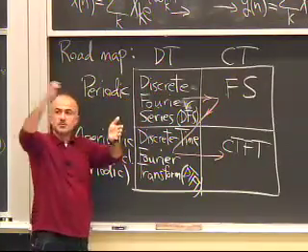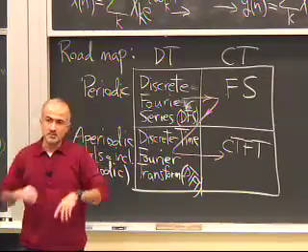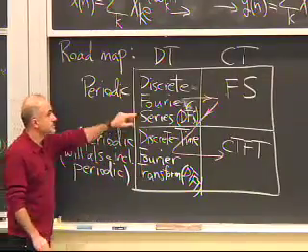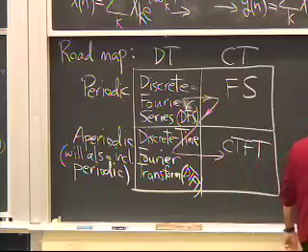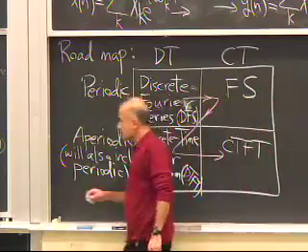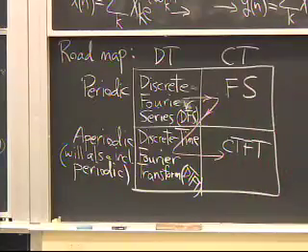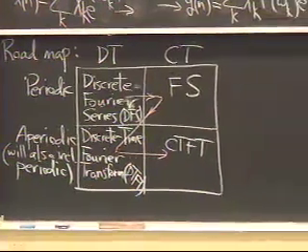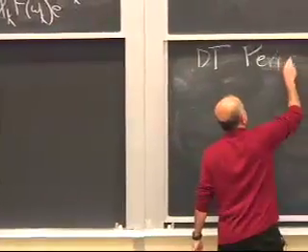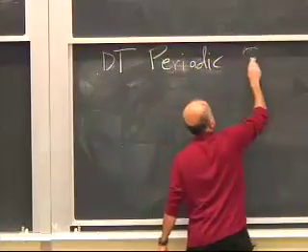And so you'll be able to hop between the time domain and the frequency domain with ease. And that's what we're going to say in this phase of the course. So let me start with our first category. So we're talking about discrete time, periodic signals.